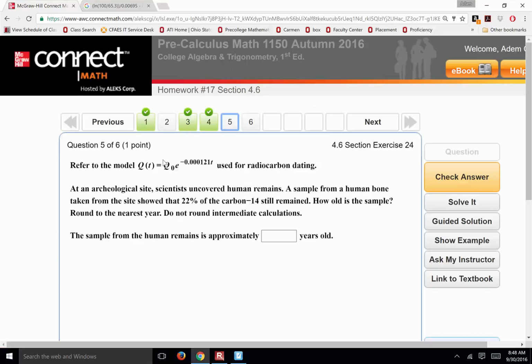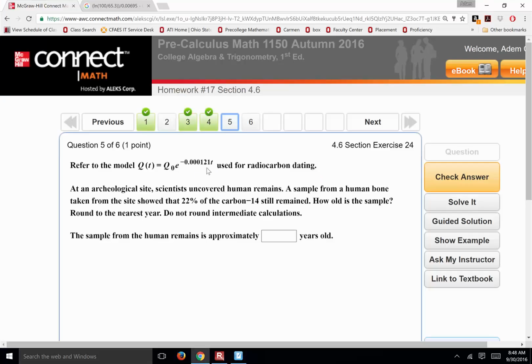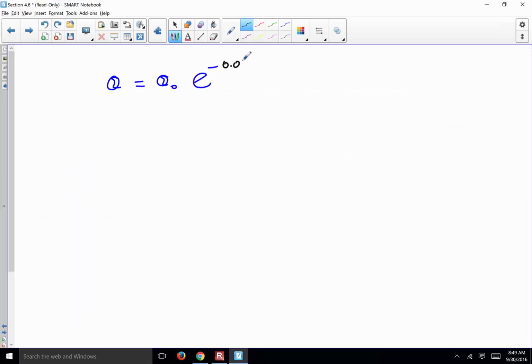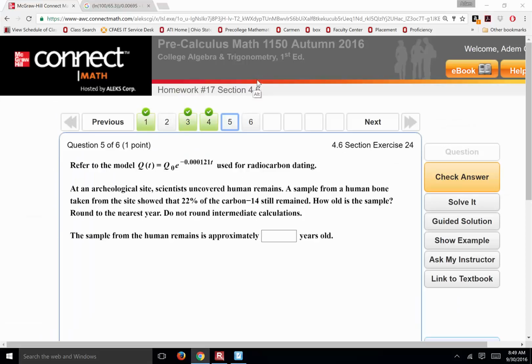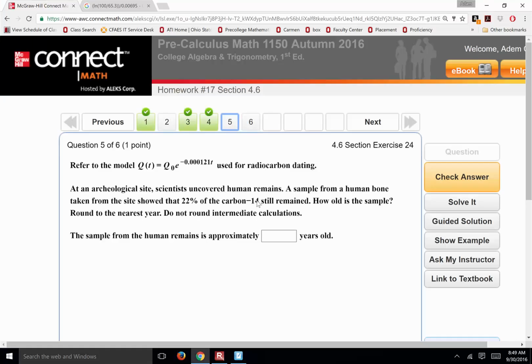Here's the question again. There is already a model for you. Q after t years is some initial Q0 e to the negative, because this radiocarbon is getting less and less, it has a half-life. It's becoming less every moment, and that rate is 0.0000121 t. They say there is, let's say, 1 pound of carbon right now.